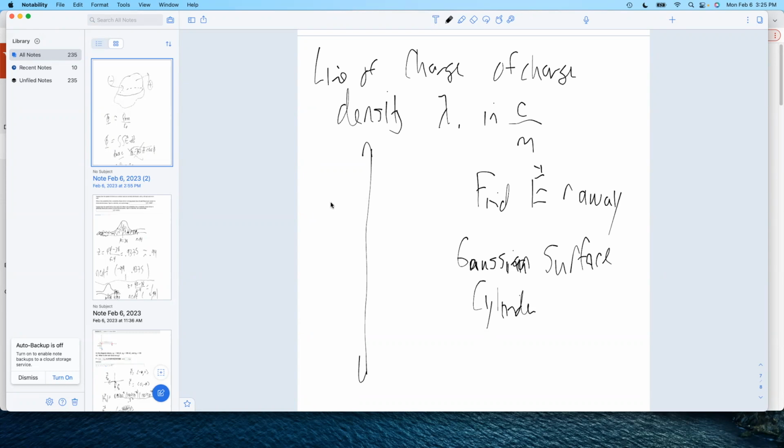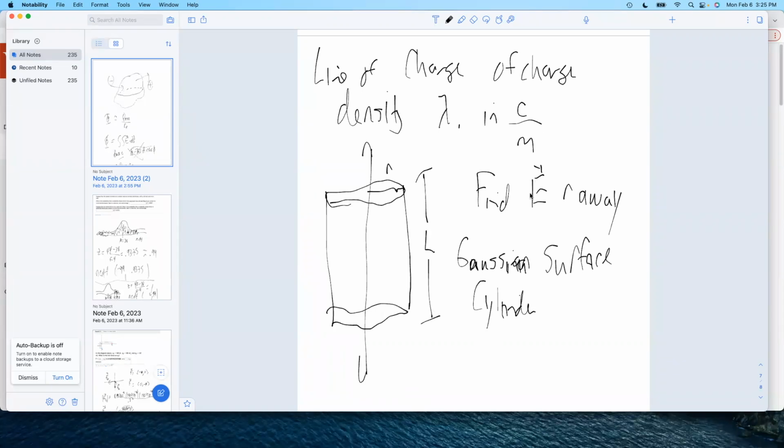That's going to have some radius of r. There's my r away. And then it needs to have some length, and I need to put that on there. My complete solution includes well-labeled diagrams. So I'm going to give this thing a length of L.